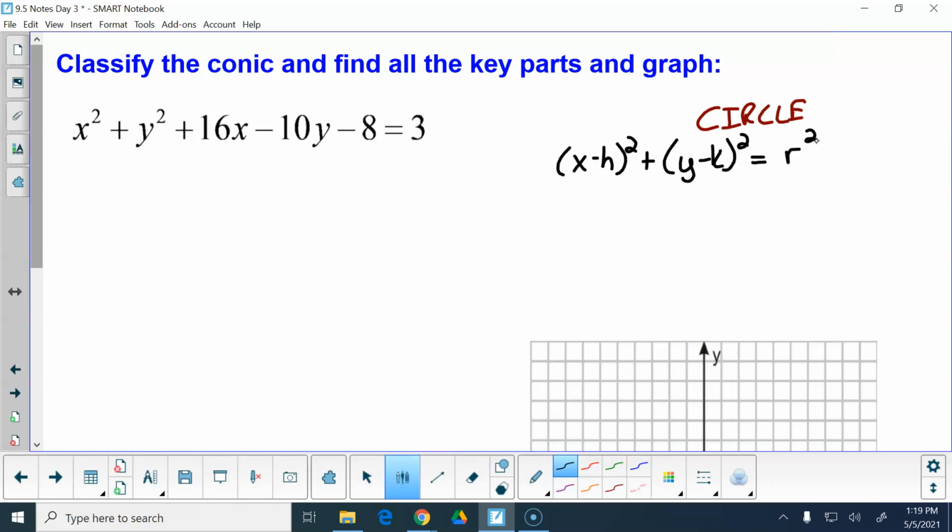Okay. So again, we start by grouping my x's, leaving a space, grouping my y's, leaving a space, and having that be equal to my numbers, which in this case I'd have to add 8 to both sides, making it 11.